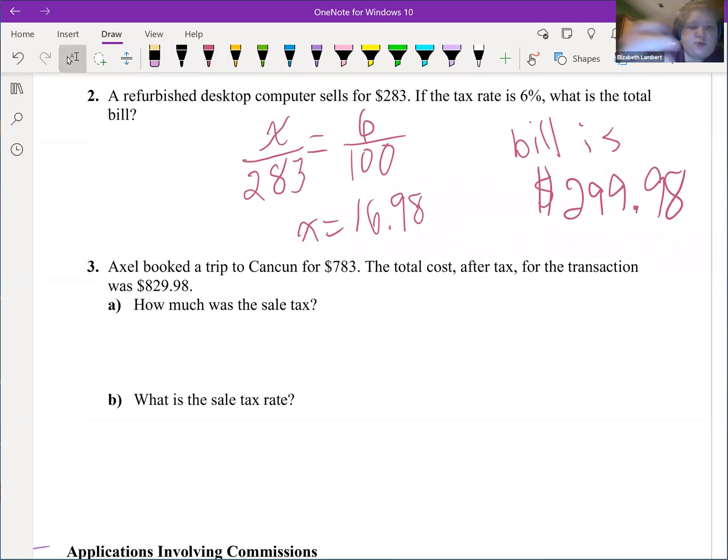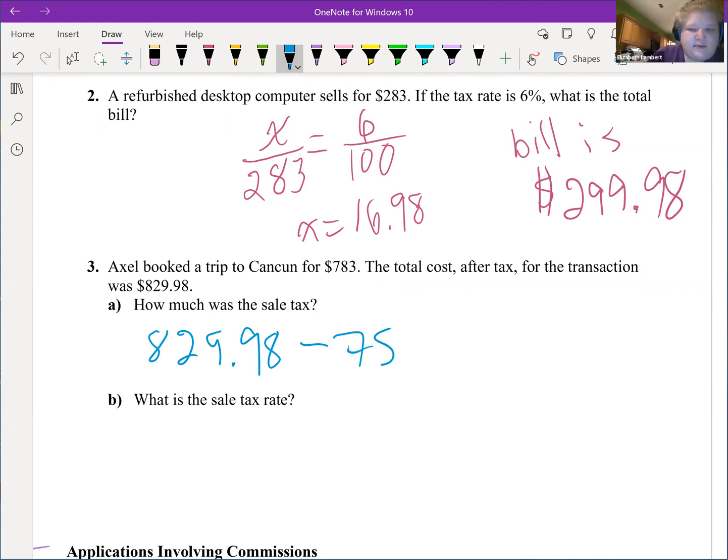So for the how much, we just have to subtract. 829.98 minus 783. We get 46.98.